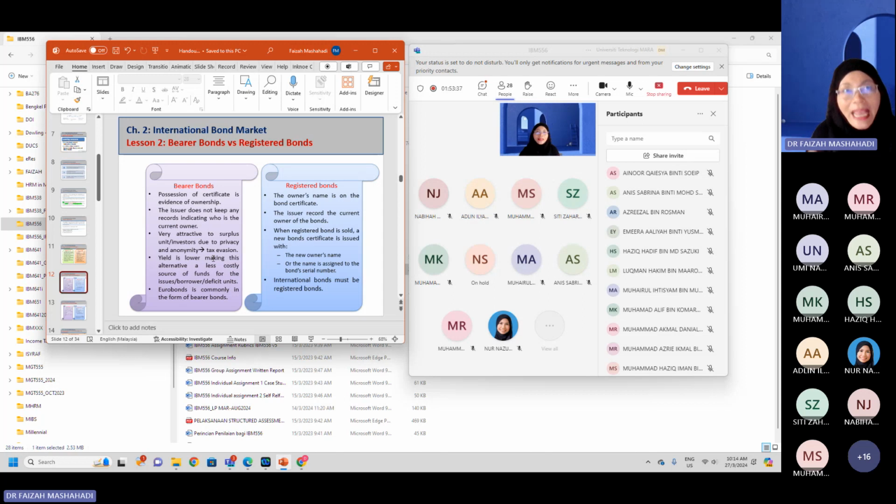That means when the name of the owner, the name of the surplus unit, is not printed on the Euro bond certificate, there is a possibility for the holder of the bond to exempt themselves from paying taxes. So that's why they're still interested to hold Euro bond, because they do not have to pay taxes.